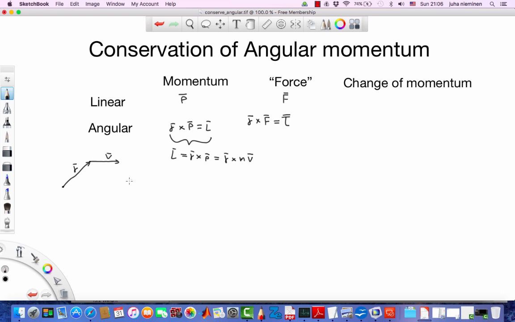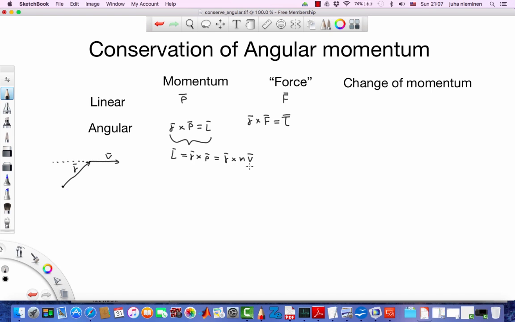So we could go on and just take a cross product of R with v and multiply it by the mass, and hence we would have the angular momentum for this particle. Even though it's not even rotating about this point, it still has angular momentum, even though it's going on a straight line. So this is how you calculate the angular momentum for a particle.